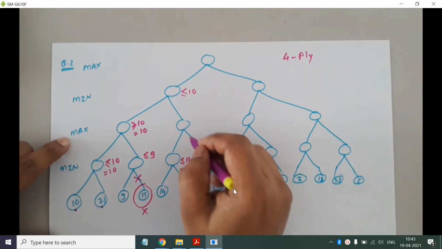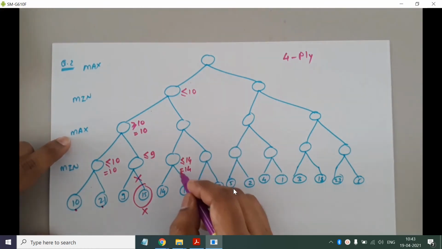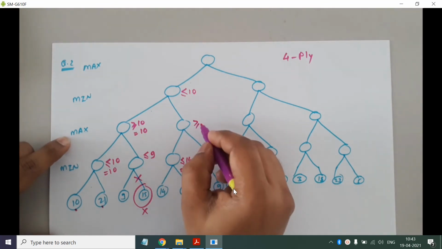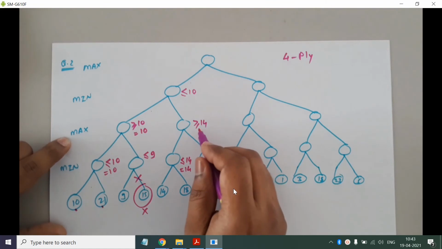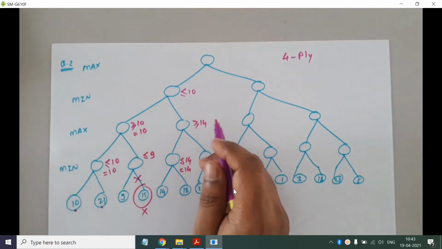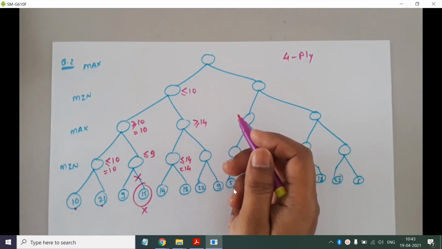Max here will come, so the max is expecting a value greater than 14. Now here the first case is satisfied. What is the first case? Let me show you.